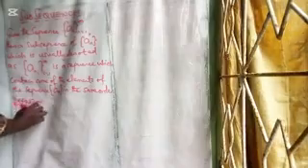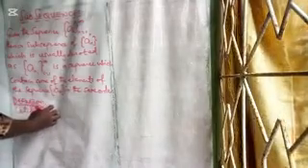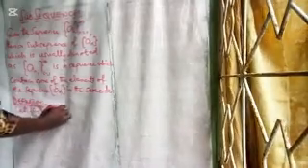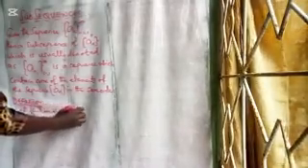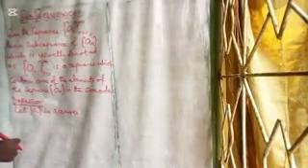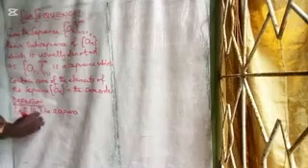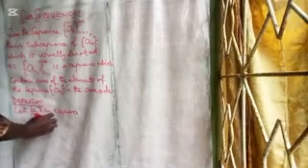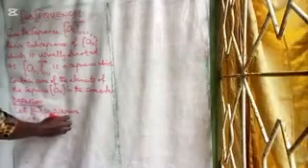Let a sub n be a sequence of real numbers, and if n sub i is an increasing sequence, then n1 will be less than n2, will be less than n3, and like that.